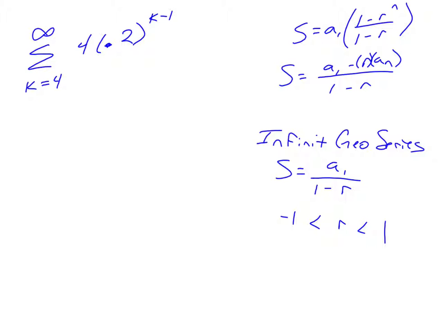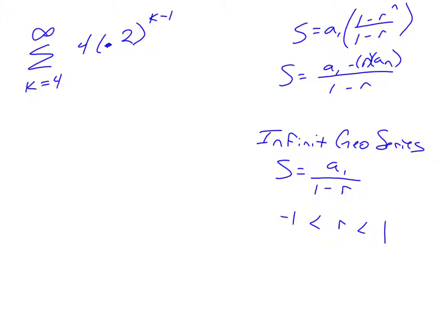So I have this geometric series that goes from 4 to infinity, and my formula is 4 times 0.2 to the k minus 1. Everybody agree that this is an infinite geometric series? Because we've got the infinity sign up there that tells me it's infinite.